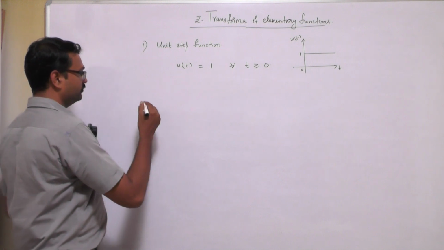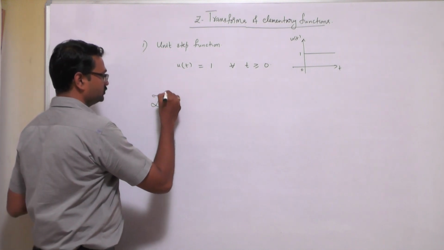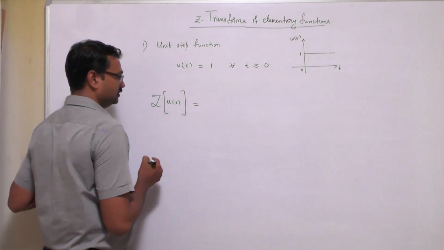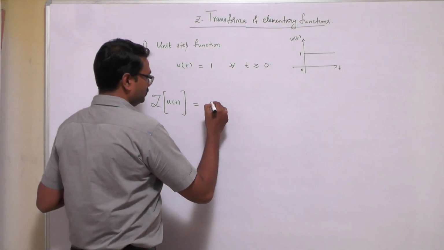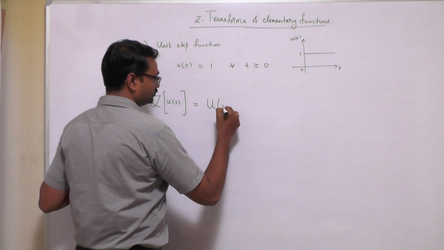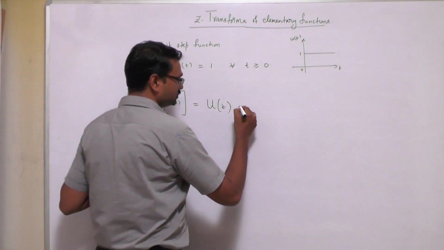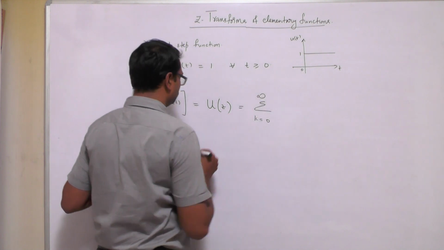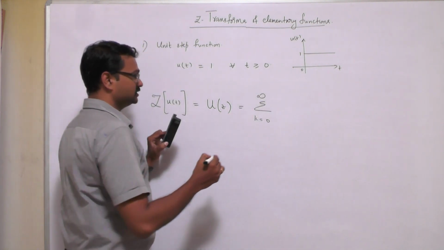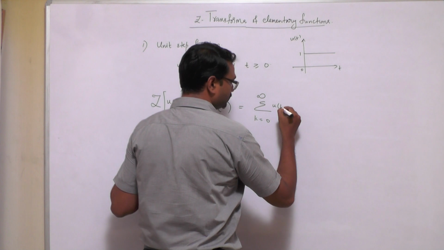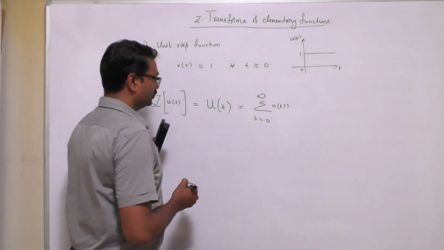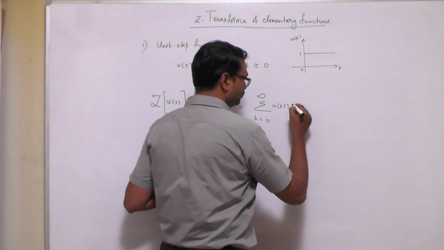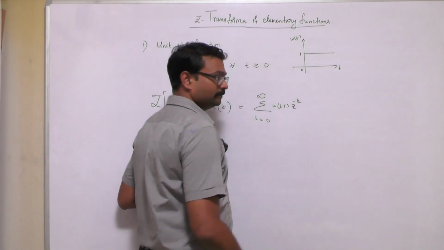Z transform of u of t is nothing but capital U of z, which is equal to sigma k from 0 to infinity. By definition, u of t can be represented as u of kt into z power minus k.